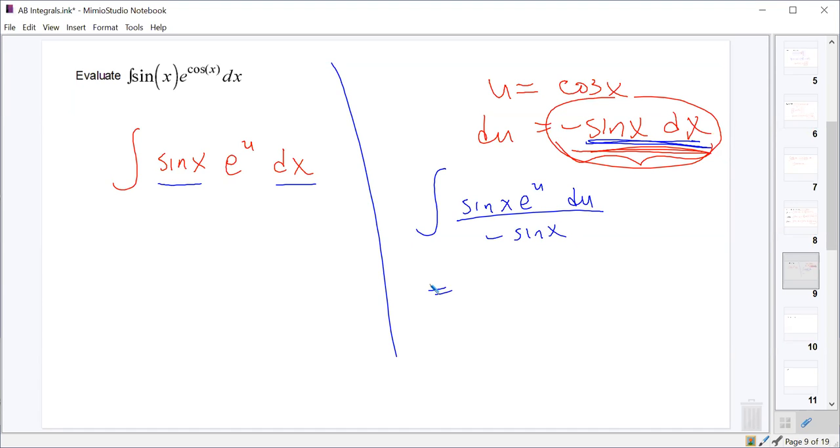Negative e to the u du. And what is the integral of negative e to the u du? It should be negative e to the u plus a constant, or negative e to the cosine x plus a constant.